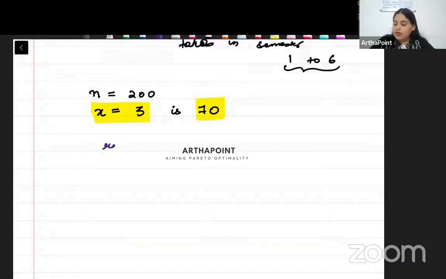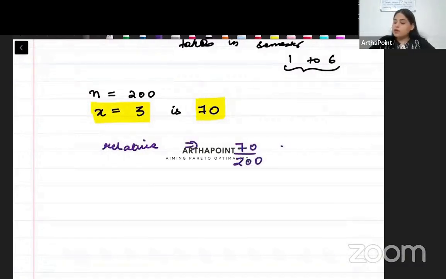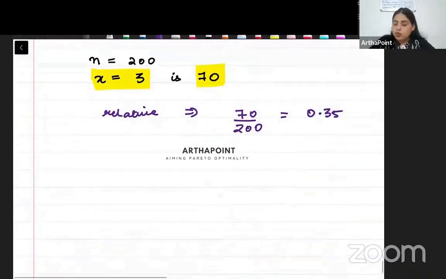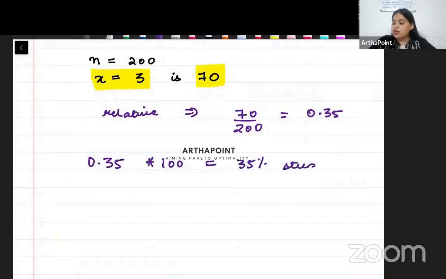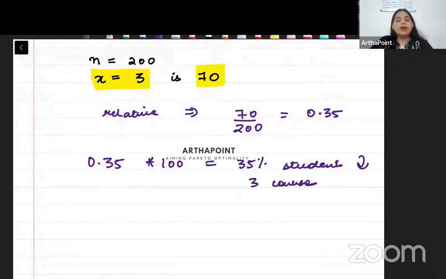Can you tell me what will be the relative frequency of these students? Yes, 70 divided by 200, which will be 0.35. You can convert this into percentage also. If you multiply by 100, that means 35% of students have taken 3 courses in the semester. Are you getting it?